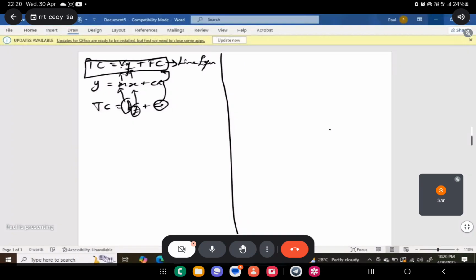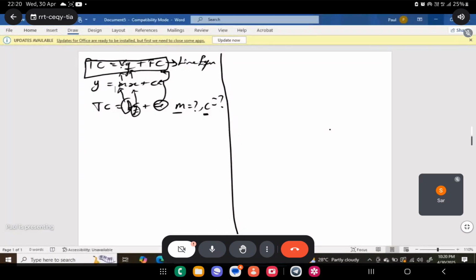And I told you that anytime a linear equation question is given, the two things you are supposed to find are your M and the C. That's the variable cost per unit and the fixed cost. So I told you how to find the variable cost per unit.